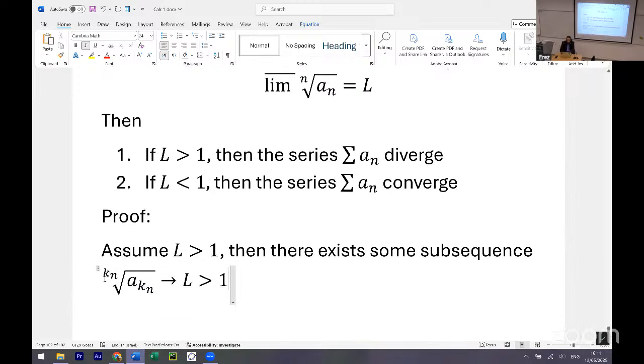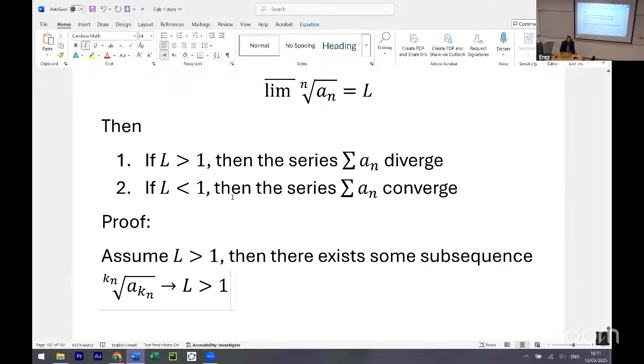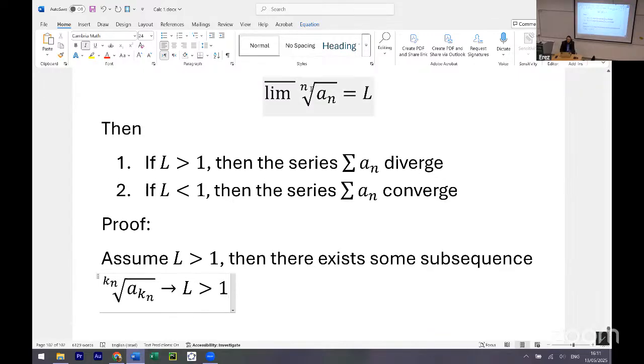Is it k_n or is it n? Isn't it n? Because the root is n for a_n, but I'm taking a subsequence, so I'm changing n to some sequence. It could be just the elements in even places. So for a_4, the root would be the 4th root of a_4. If it's a_{2n}, here it will be written 2n.